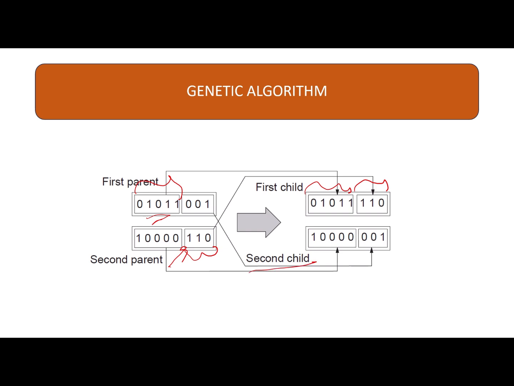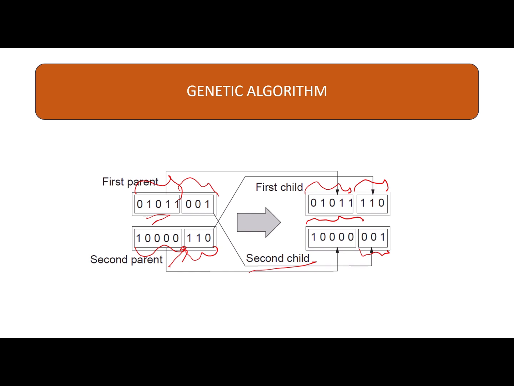Similarly, for the second child, I take the first part of the second parent, and then the second part of the first parent. So this is how you form a child in the genetic algorithm.